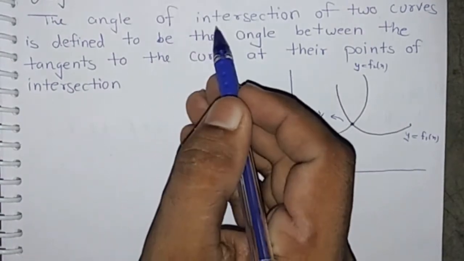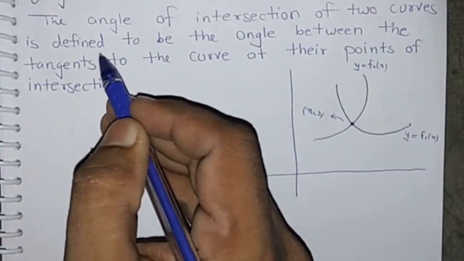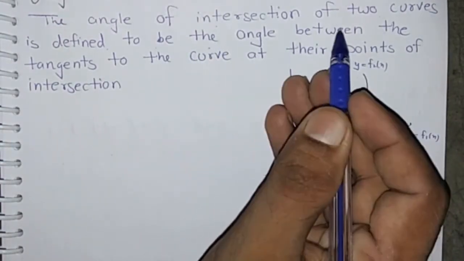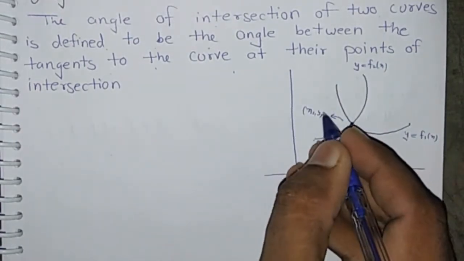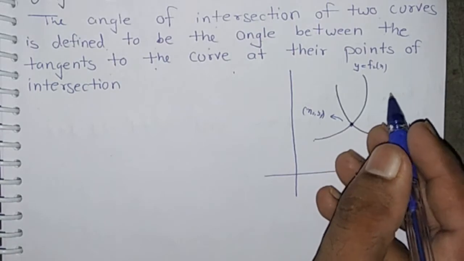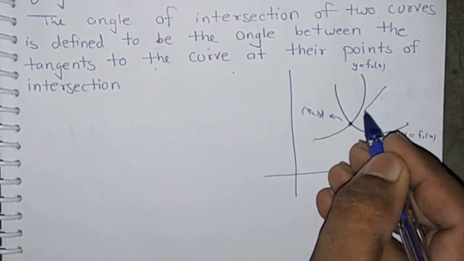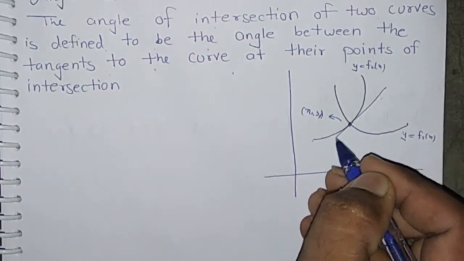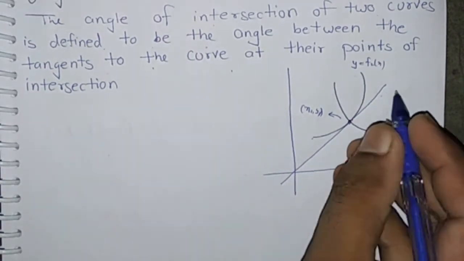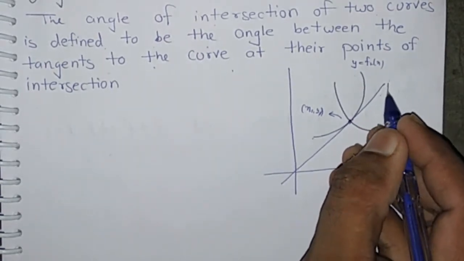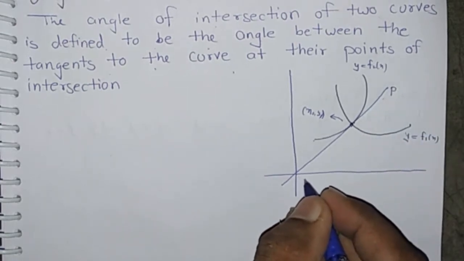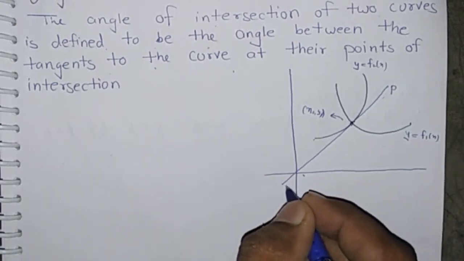Now the angle of intersection of two curves is defined to be the angle between the tangents to the curves at point x1 comma y1, let it be given by PTQ.